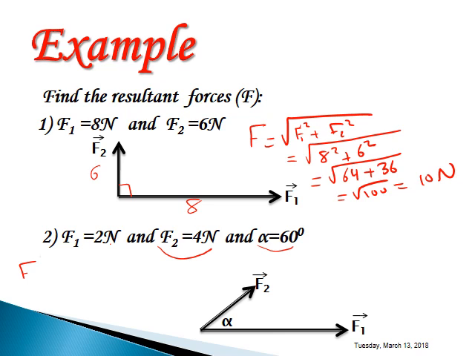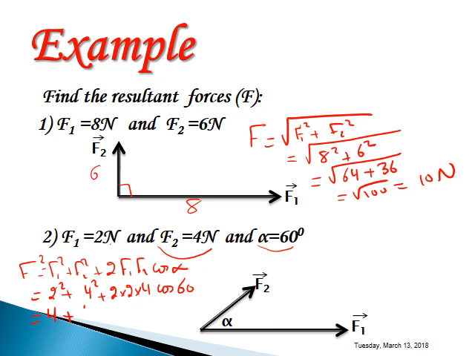So F square equals F1 square plus F2 square plus 2 F1 F2 cosine alpha equals 2 square plus 4 square plus 2 times 2 times 4 cosine 60, which is 4 plus 16 plus 2 times 2 times 4, 16, times 1 over 2, equals 4 plus 16 plus 8 equals 28. Then F equals radical 28 Newton.